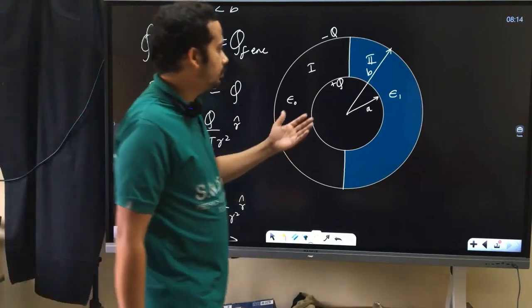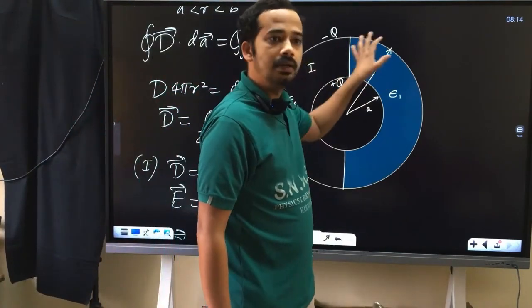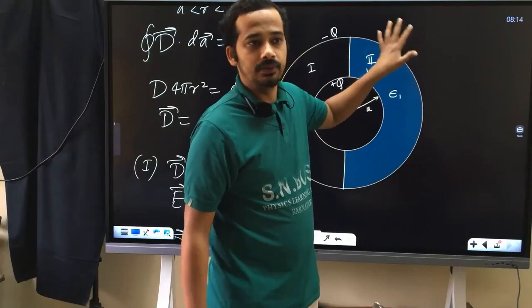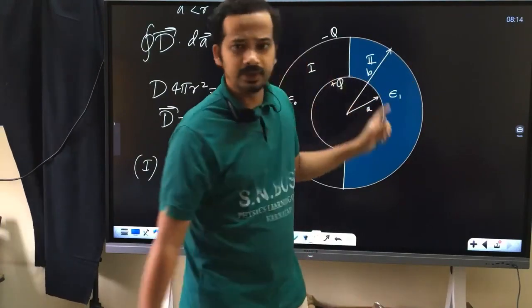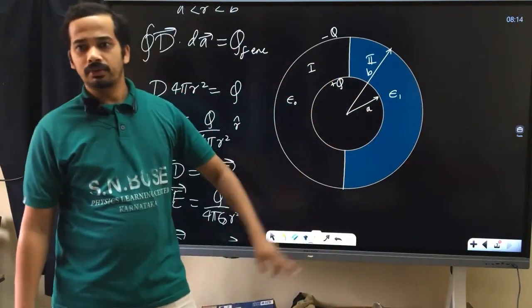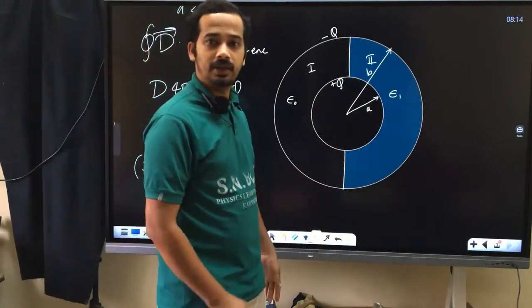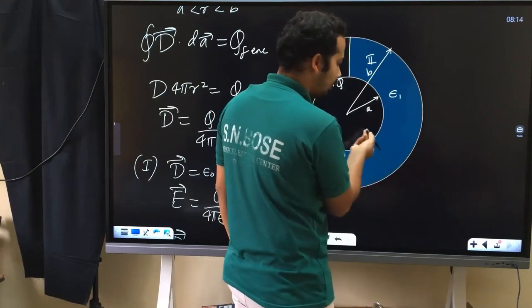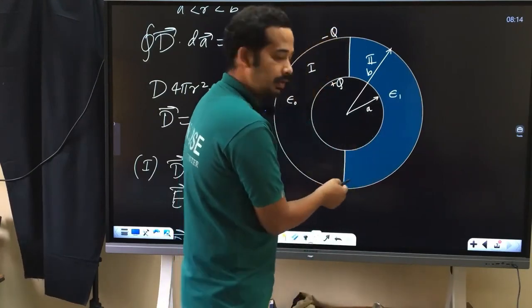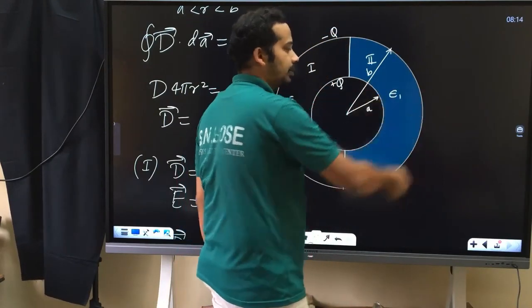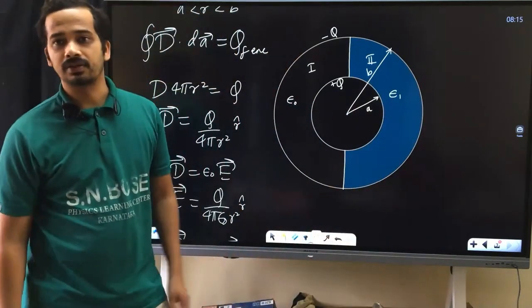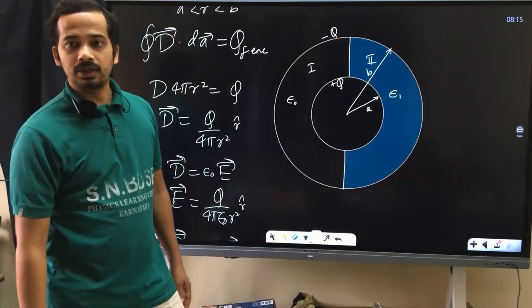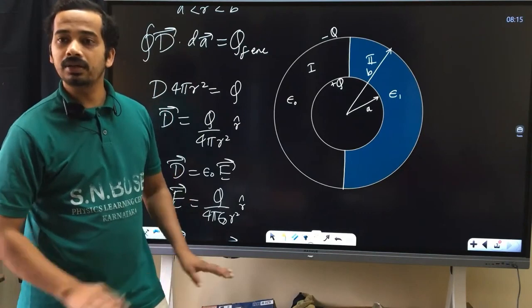Once you place that dielectric in the electric field region, it will be polarized. Due to polarization, surface charge definitely appears. I don't know about volume charge, but surface charge definitely appears. If you have dipole moments aligned along this direction, then at the inner and outer surfaces there will definitely be surface charges. So you are not having a conductor in a charge-free region.